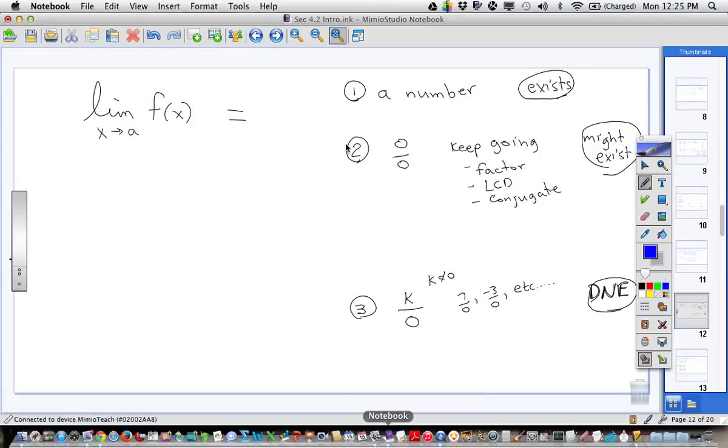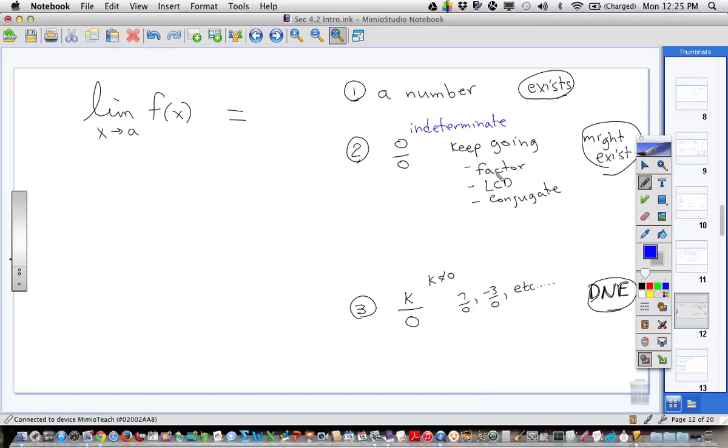The second thing that can happen is you get 0 over 0. We called that indeterminate. It means we can't determine if the limit exists. It might. We have to keep going. And what did we do? Well, we did some algebra. We factored and canceled.